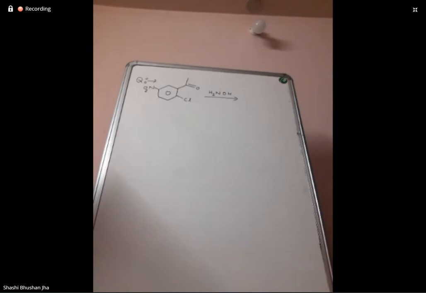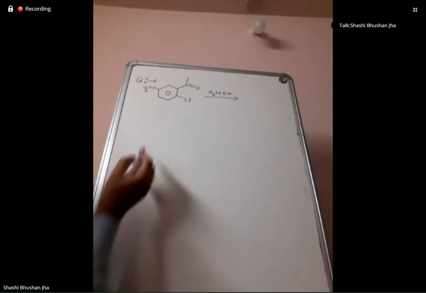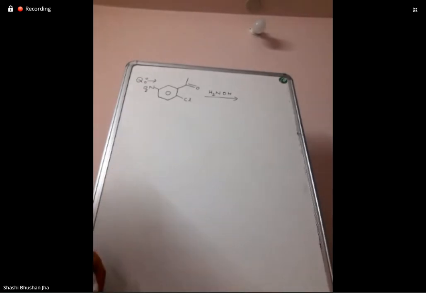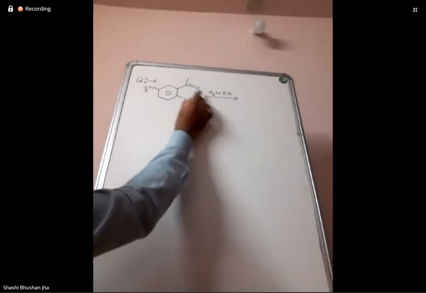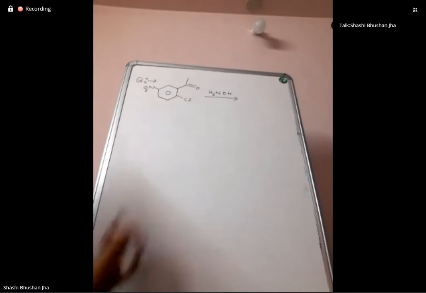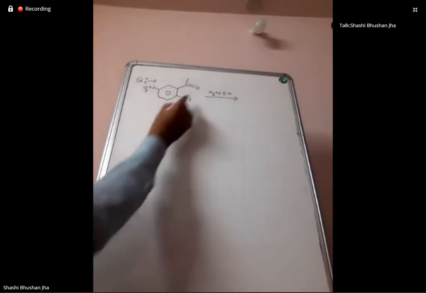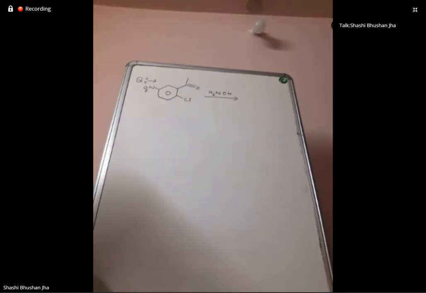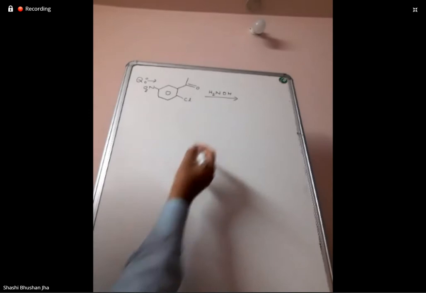This compound is reacted with hydroxylamine, and it is said that two products are getting formed. You will be able to get two products only when the reaction happens with the ketone, then the oxime of the ketone will be formed, and that oxime can show geometrical isomerism and be considered as two products.